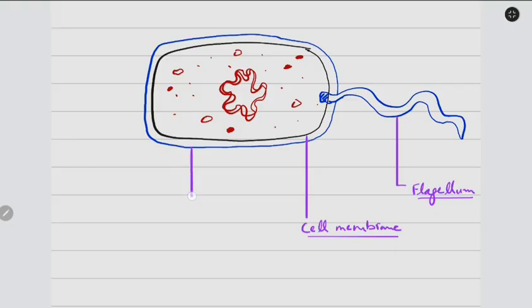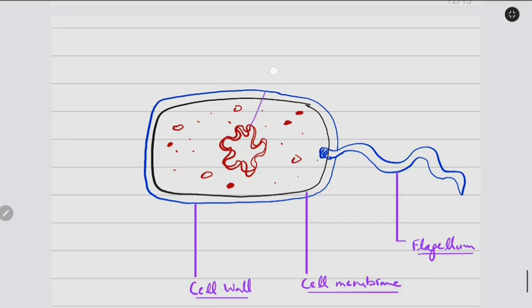This is cell wall. This is nucleoid, which is the major DNA. These are the storage food reserves, storage food particles.